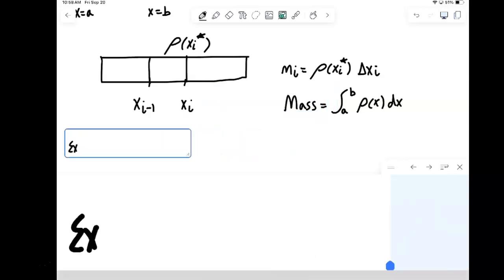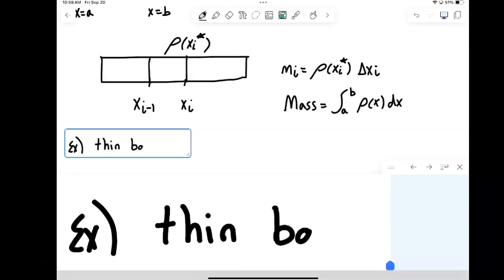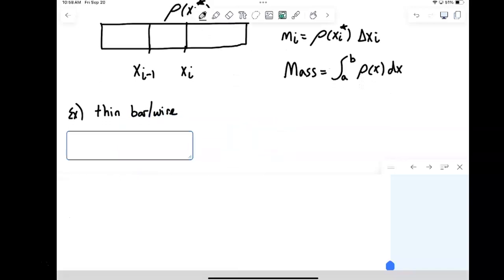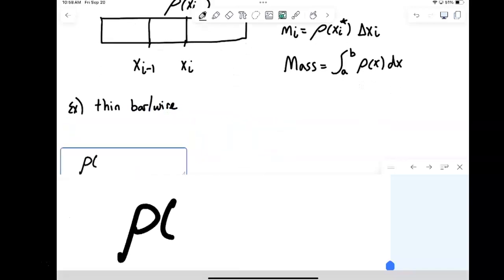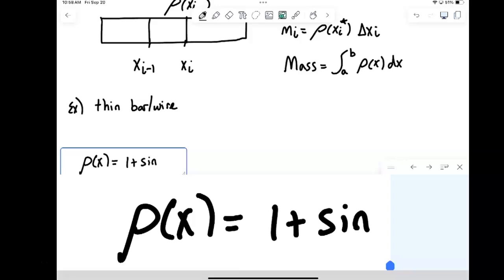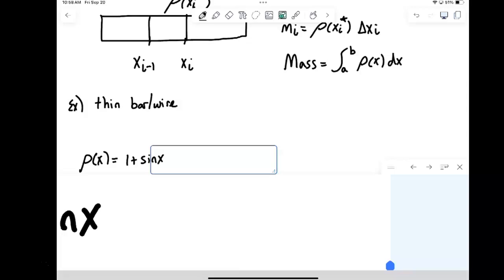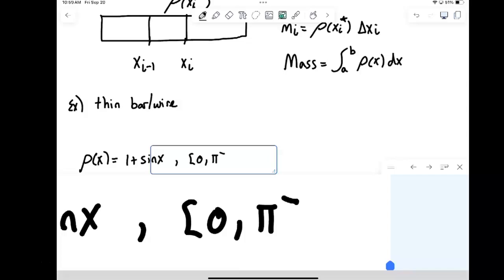So, for example, let's say we have a thin wire, or again a thin bar, either one. And we know that the density function is rho of x equals 1 plus sine x. And we're measuring along the wire a length between 0 and pi. So 0 and 3.14 inches, meters, whatever the units might be.